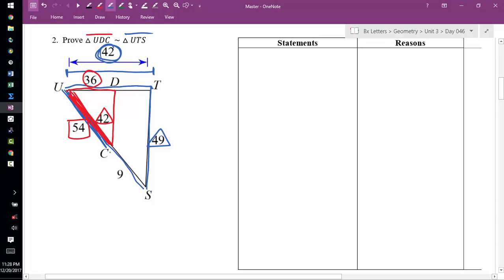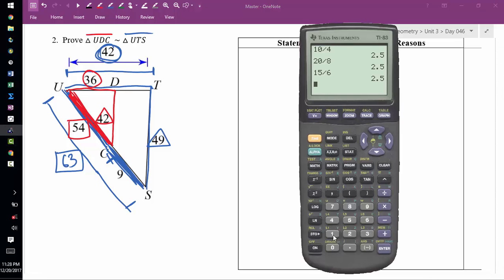It will be 54 plus this 9. That will give me 63. Right, so I'm going to make that all the way down, call that 63, rectangle them off so that they're the same. I might as well just check that my math is good, 54 and 9, yeah, 63.